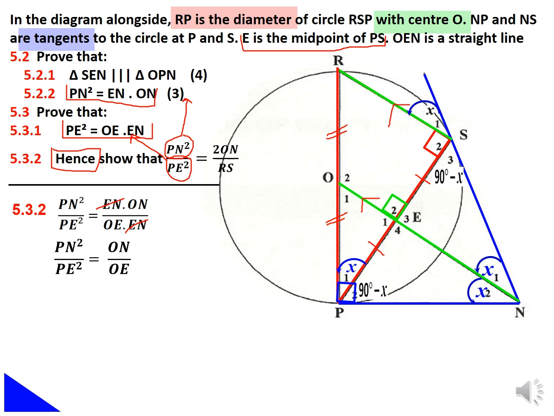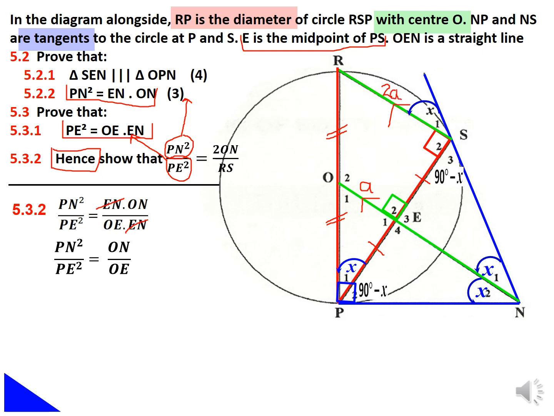Now consider triangle RSP. We have a line inside the triangle which is dividing the sides equally, and it is parallel to the third side of the triangle. This gives us the midpoint theorem. If OE is equal to A, for example, then RS is equal to 2 times A. That is the midpoint theorem.